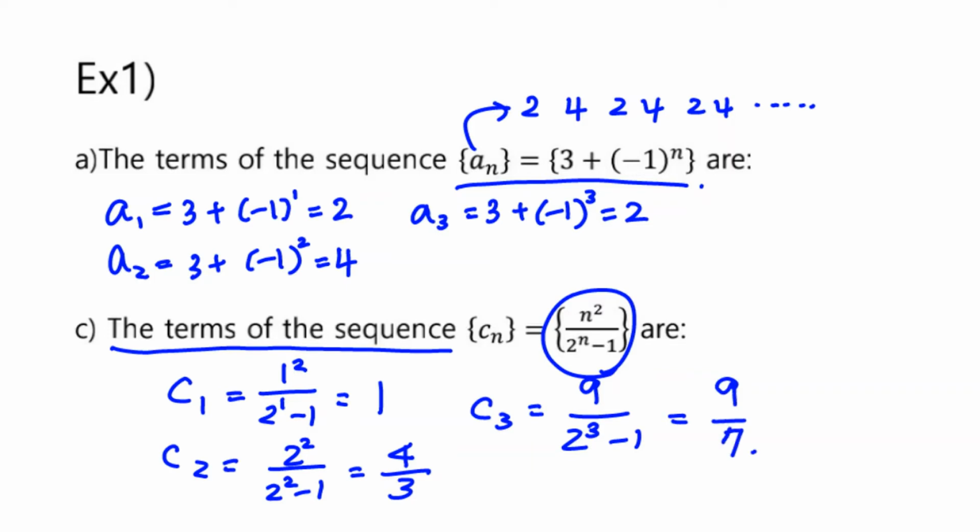So the sequence of c goes 1, 4 over 3, 9 over 7.